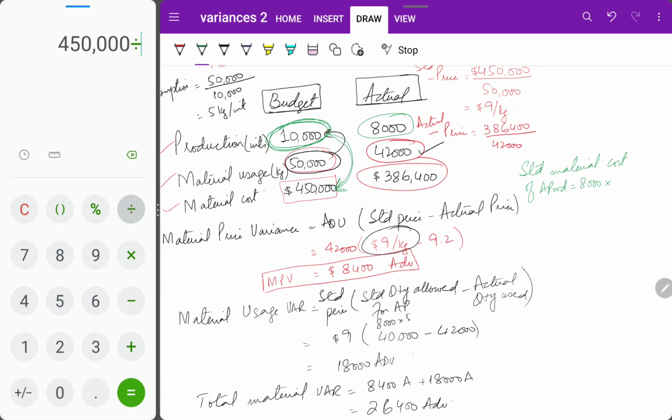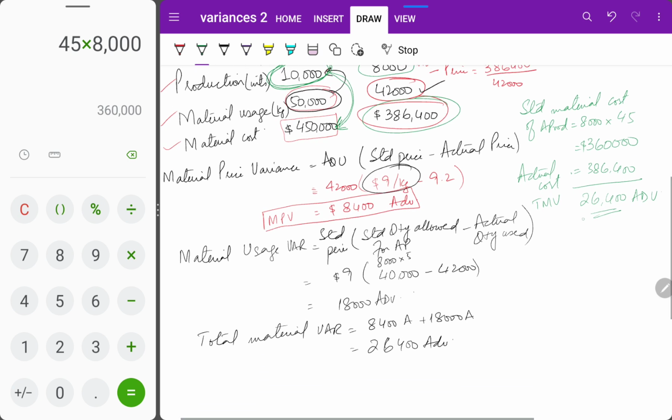So 450,000 divided by 10,000 means one unit requires $45 of raw material. 45 times 8,000 is 360,000. Ideally cost should have been 360,000, but the actual cost of raw material is 386,400. So the actual cost is 26,400 more than the standard. This is the total material variance, exactly the same figure we calculated before.